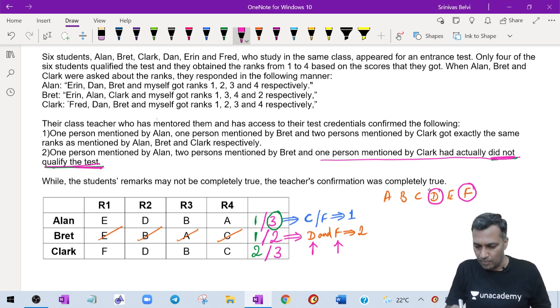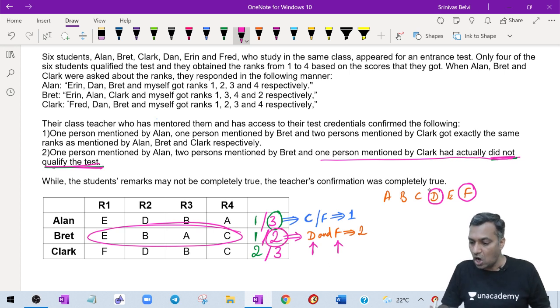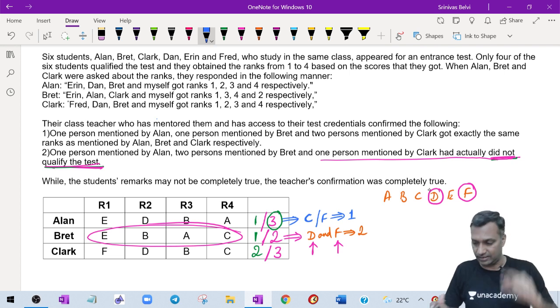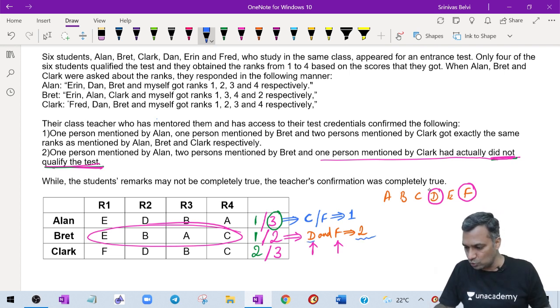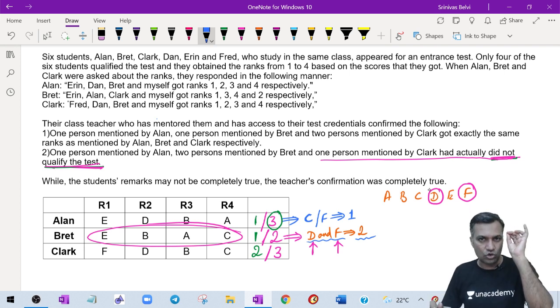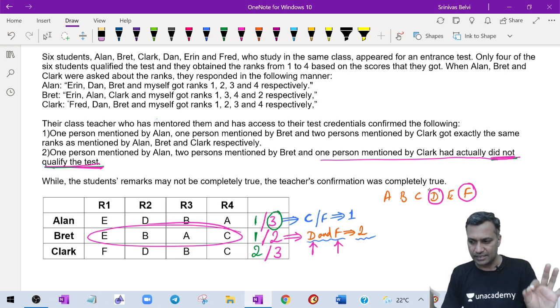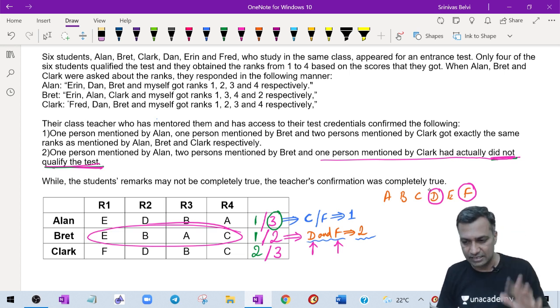Because two people among these four mentioned are in the rank list, which means the other two people who actually got the rank are not in Brett's rank list. Therefore, these are the two people, D and F. They actually got the rank. Which rank, I don't know, but they got one of the ranks between 1 and 4 for sure. So I'm saying that D and F got the ranks for sure, because there are 4 names out of these 6 in the rank list, and D and F are necessarily in that particular rank list.